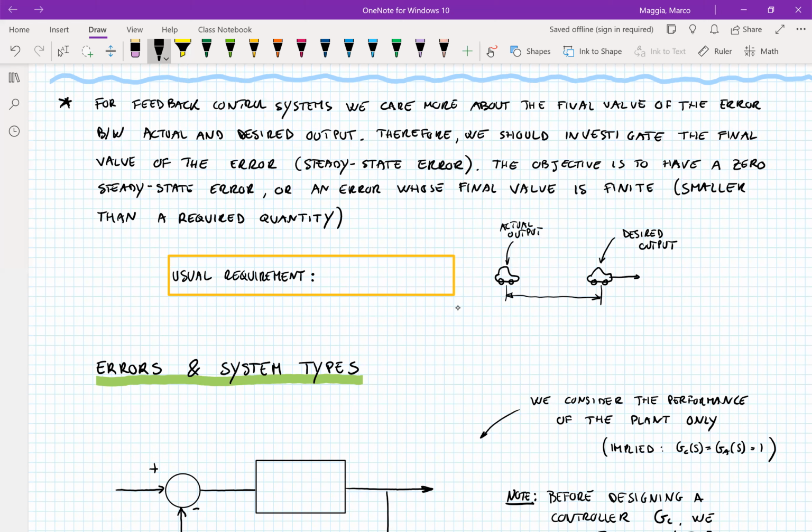However, if the front car travels at constant speed, the position will just grow indefinitely, linearly towards infinity. So the desired output is just a ramp.